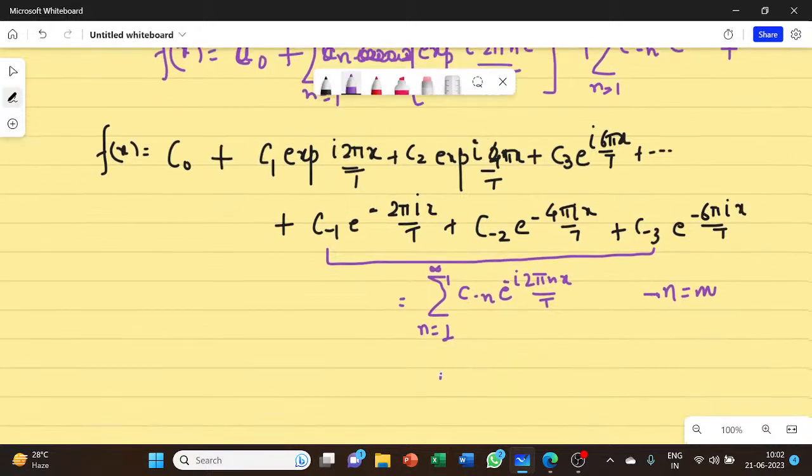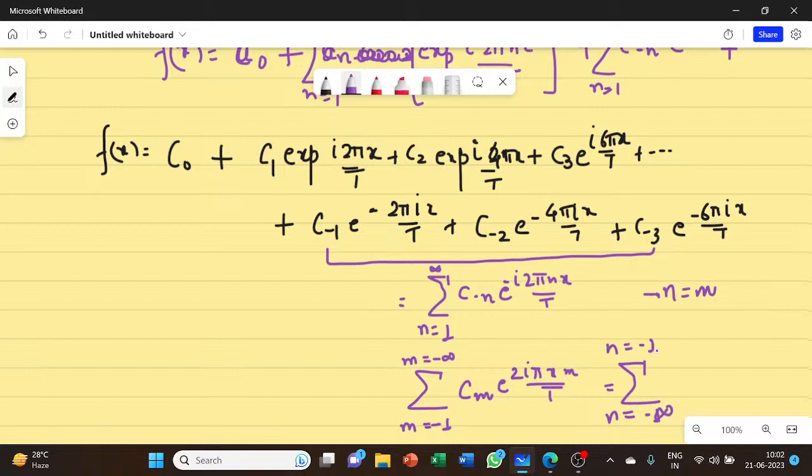These limits will become from m equal to minus 1 to m equal to minus infinity, cm e to the power 2 pi iota m x upon T. So whether you write m or n, this is one and the same thing, because the limits are going the same, so I can change the variable. So I'll write minus infinity to minus 1, because after all addition is commutative. Whether you add from minus infinity to minus 1 or from minus 1 to minus infinity, they are the same thing, because addition is commutative.